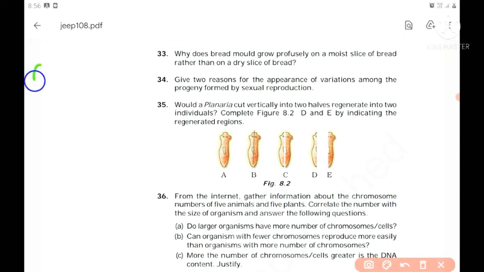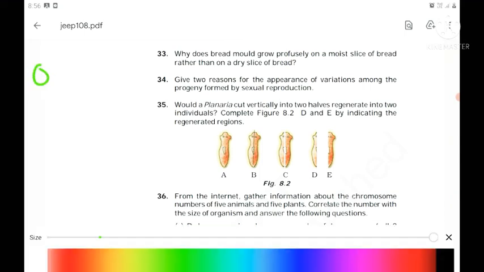Now this is a parent. Let's make it colorful. Which color do you choose? Okay, how can it be totally different? Let's make it a little similar. Half with green and the other half with yellow.